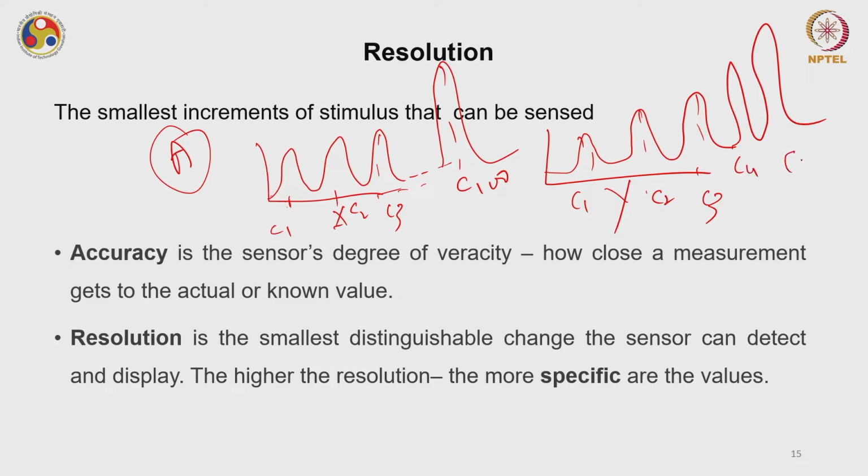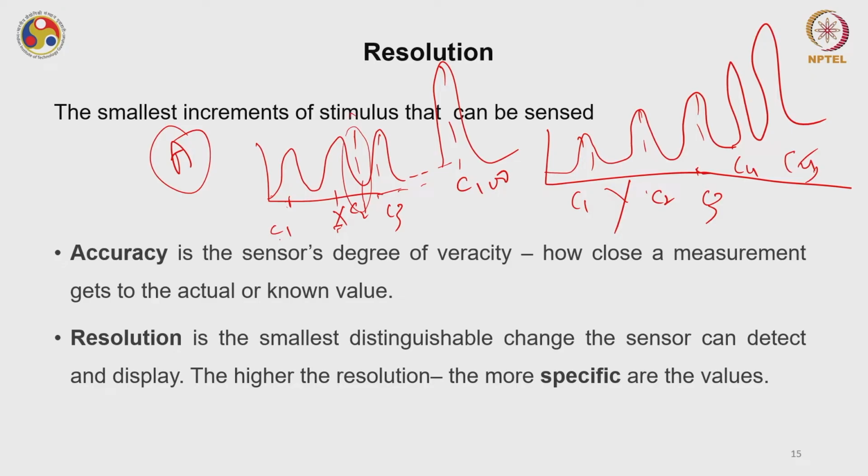Say a person needs to measure a concentration that lies between C2 and C3. Even though sensor X has a very large dynamic range, from C1 to C100, while Y can only measure between C1 and C5, the person's requirement is a concentration between C2 and C3.